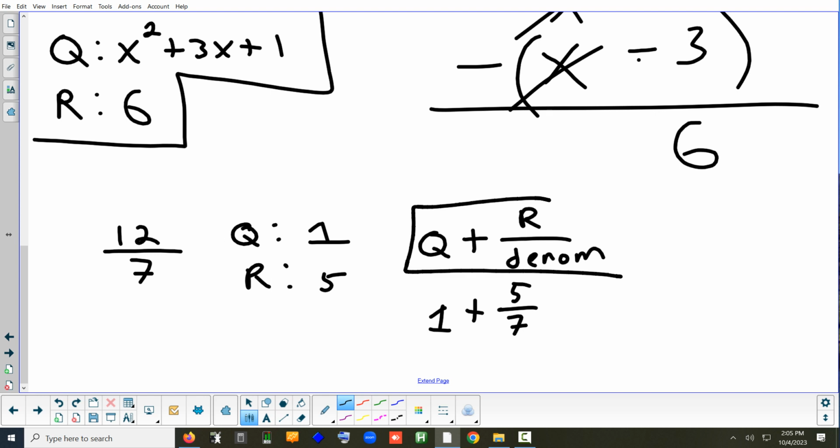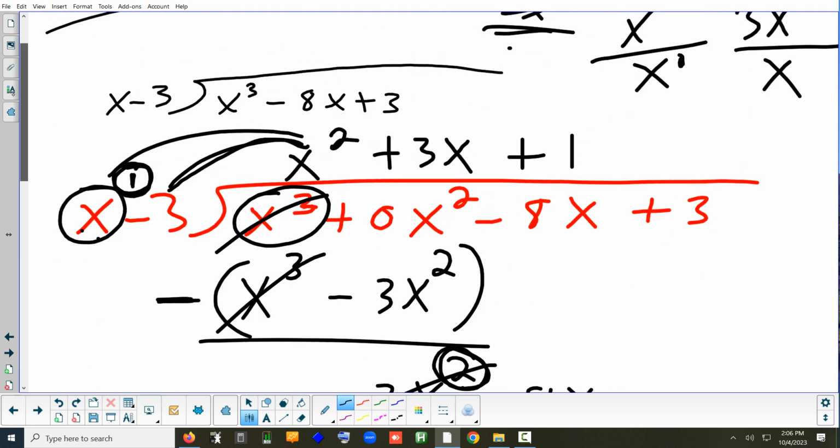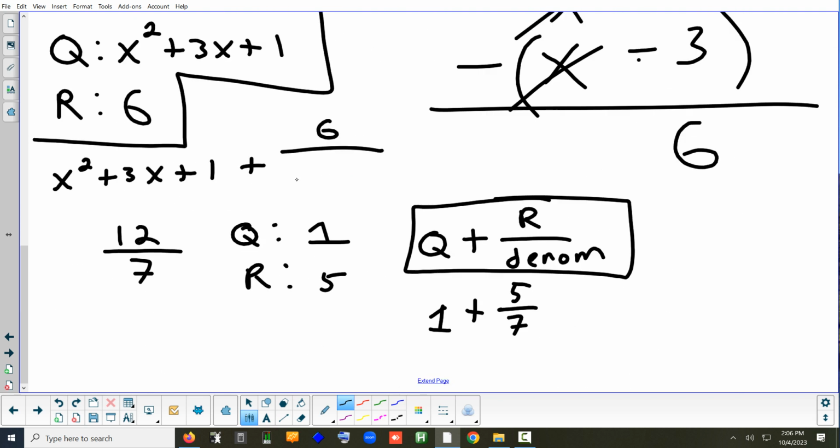You can apply that exact same idea, quotient plus remainder over denominator, to the problem we just did. Quotient is x squared plus 3x plus 1. What was the remainder? 6. And what was the original denominator? X minus 3.